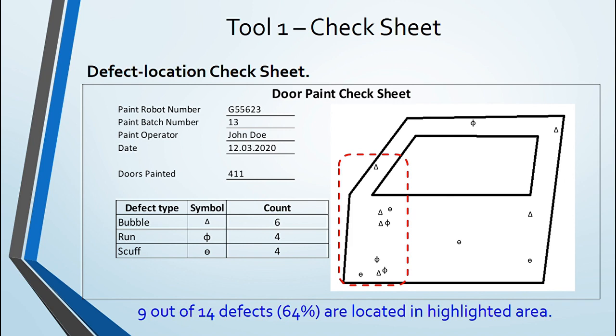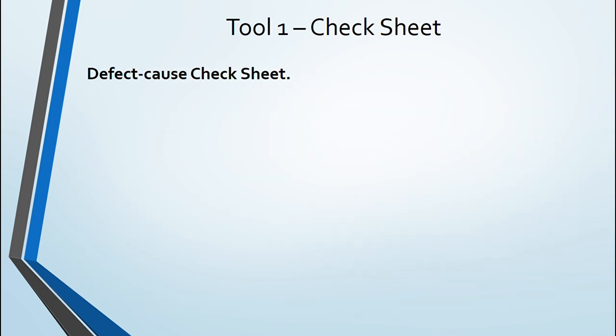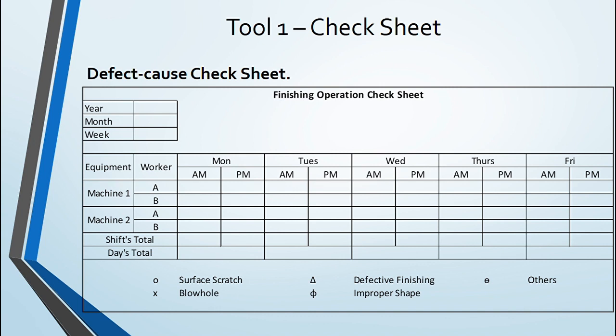Our next check sheet is the defect cause check sheet. This check sheet, as its name suggests, tries to map defect data in such a form that any possible relation with one or more potential causes can be seen. Let's understand using an example. This is a finishing operation check sheet. There are 5 types of defect mentioned below, the count of which will be recorded for a week.